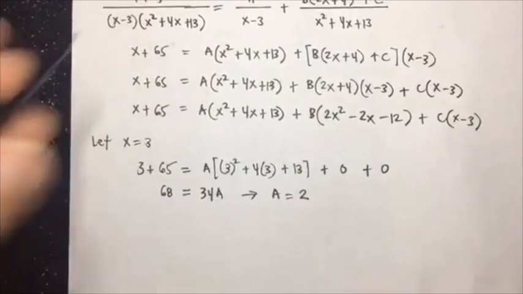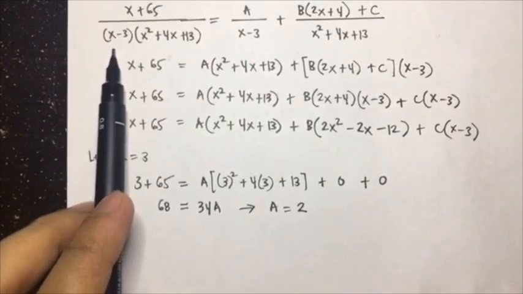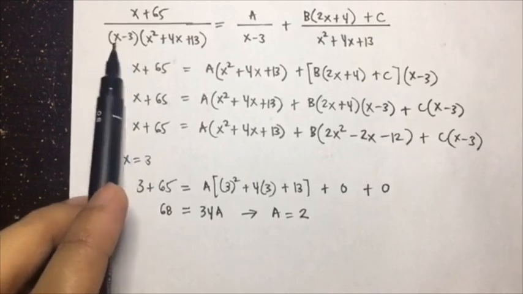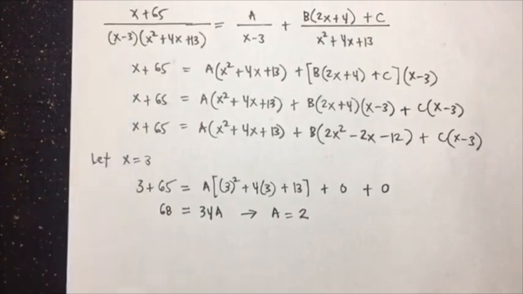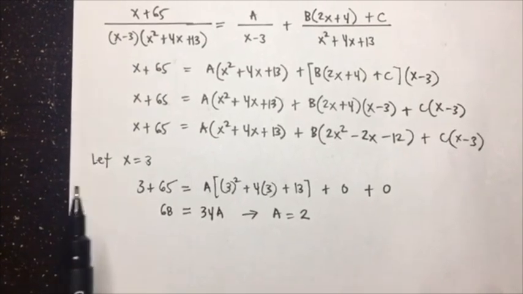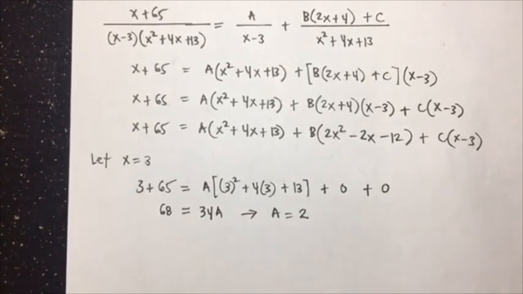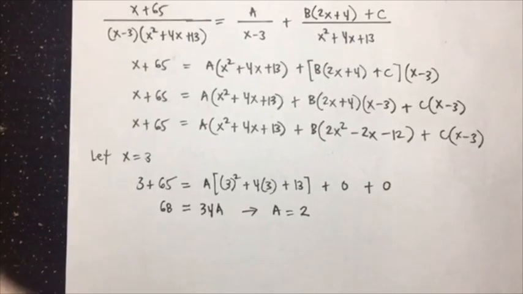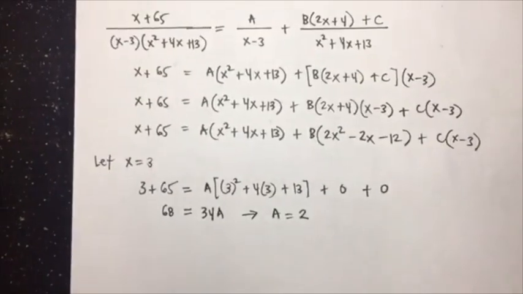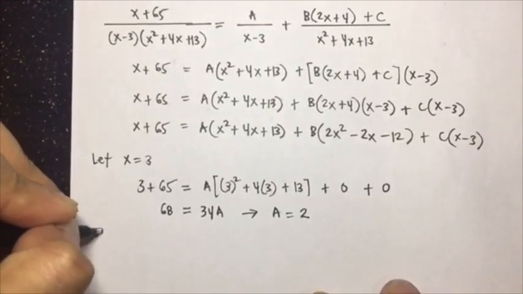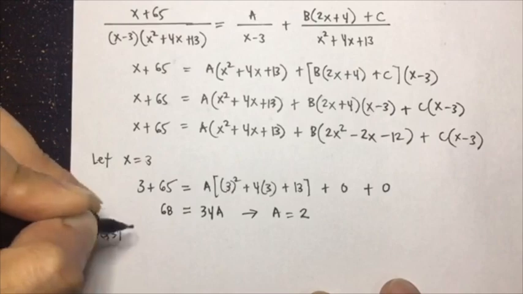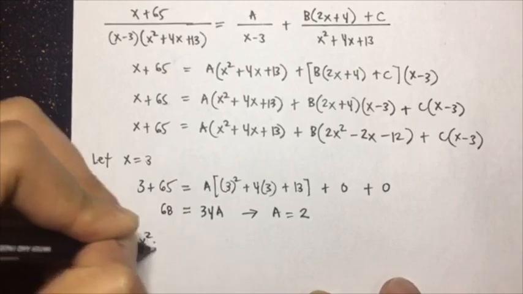So dividing both sides by 34, a is equal to 2. Next, since we don't have other numbers to substitute, we can equate coefficients of similar terms already. So we can equate x squared.